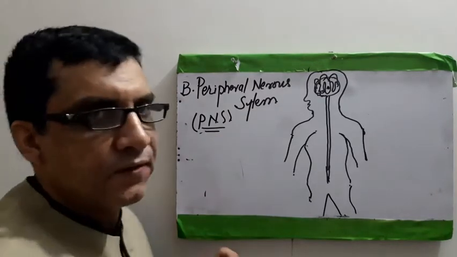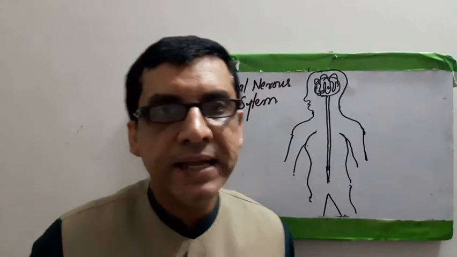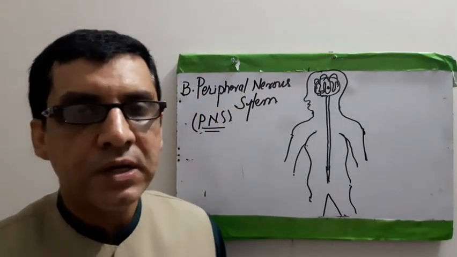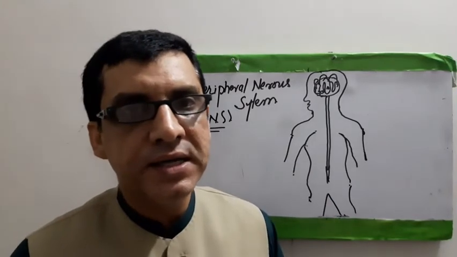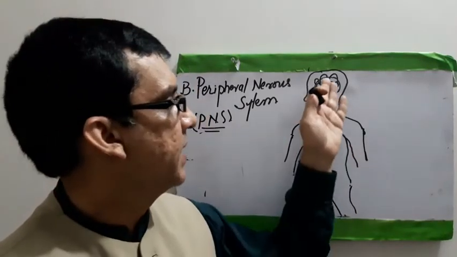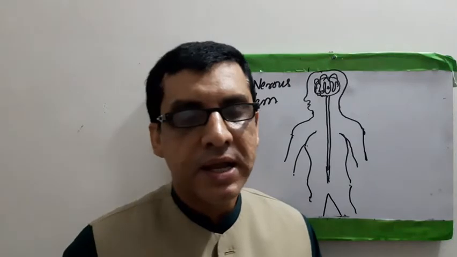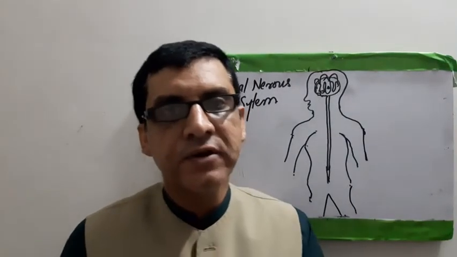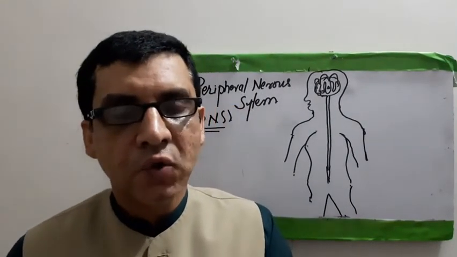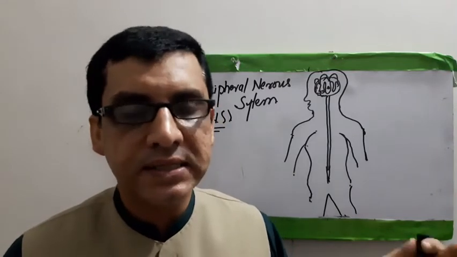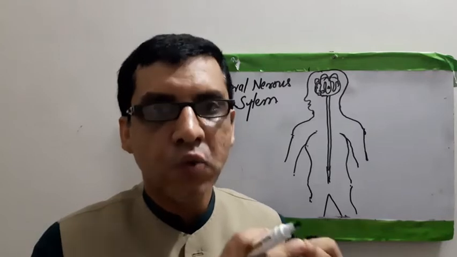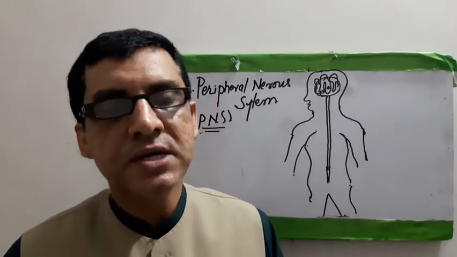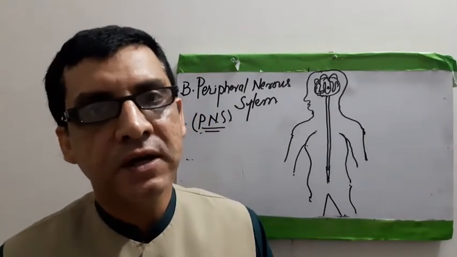Actually, the peripheral nervous system is a network of nerves, and these nerves arise from the brain and spinal cord, and they connect different body parts with the central nervous system, the brain and spinal cord. That network of nerves is called the peripheral nervous system.